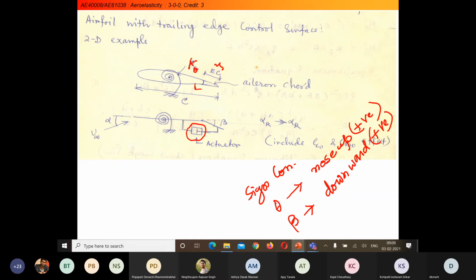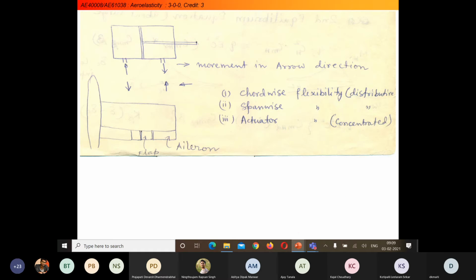This is usually used in aircraft configuration, in control and flight mechanics, and I am using that same convention here. Theta is nose up positive, beta is downward positive. The control surface deflection in the downward direction, we are considering as positive control surface deflection.